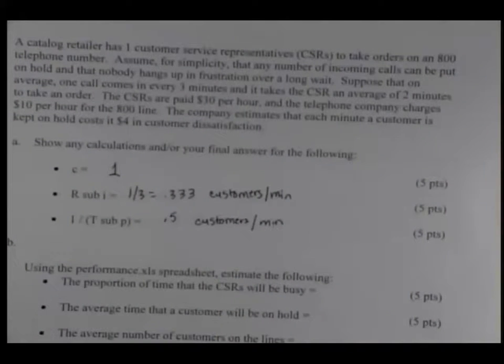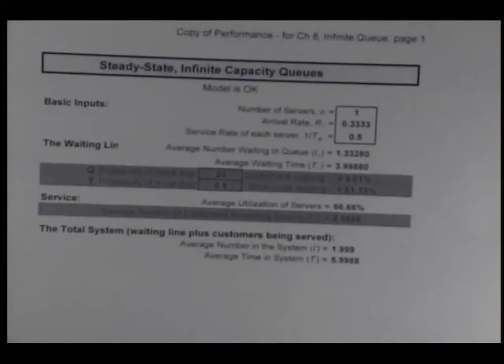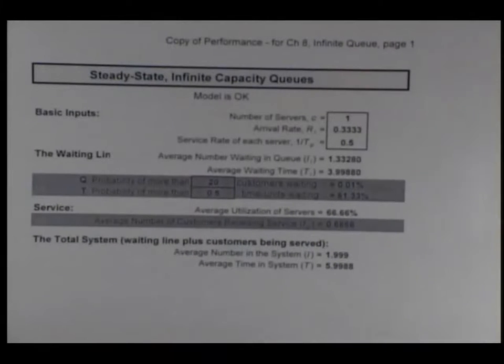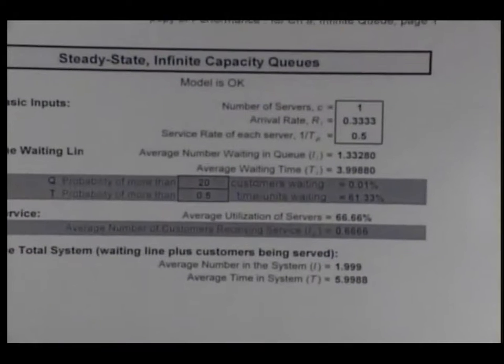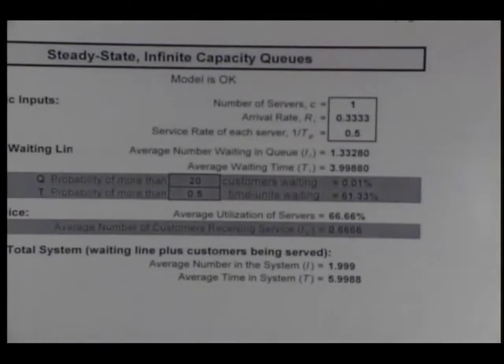Okay, now I'm going to switch over to the view of what the performance.xls spreadsheet looks like. And we're going to answer the questions then. So now that we have input our information into performance.xls, I'll give you a screenshot.